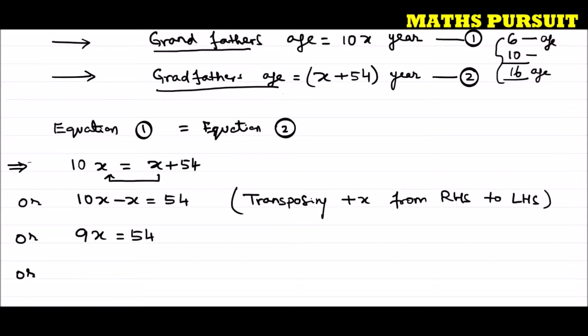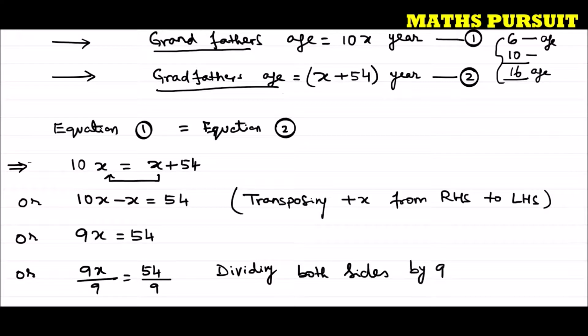Or I can write 9x divided by 9 is equal to 54 divided by 9. What I am doing here? I am dividing both sides by 9. Why am I dividing both sides by 9? I want to eliminate this 9 from x so that I can get the value for x.